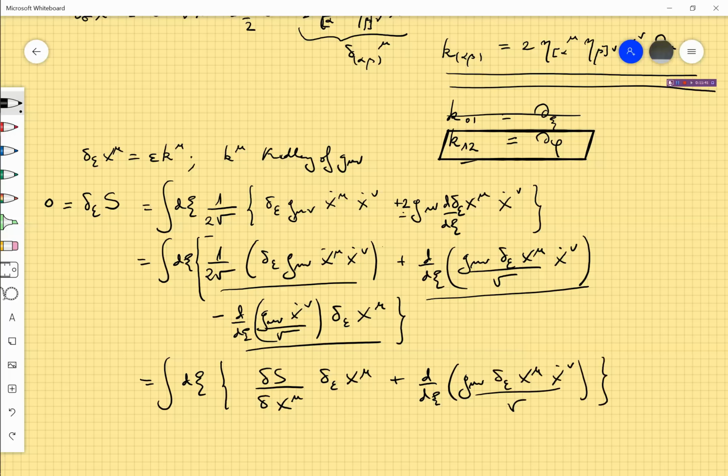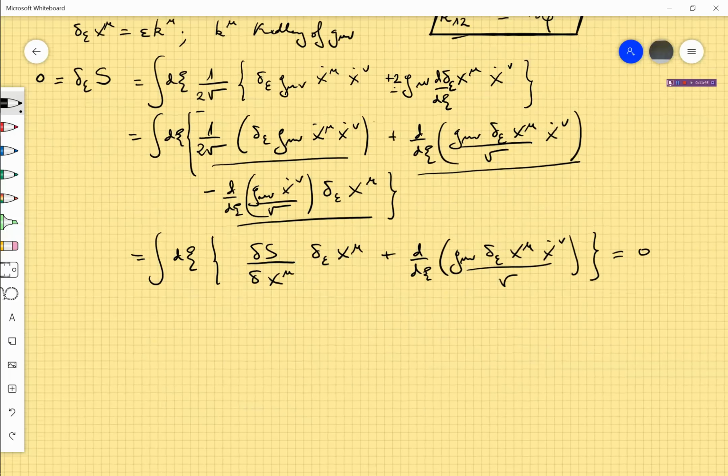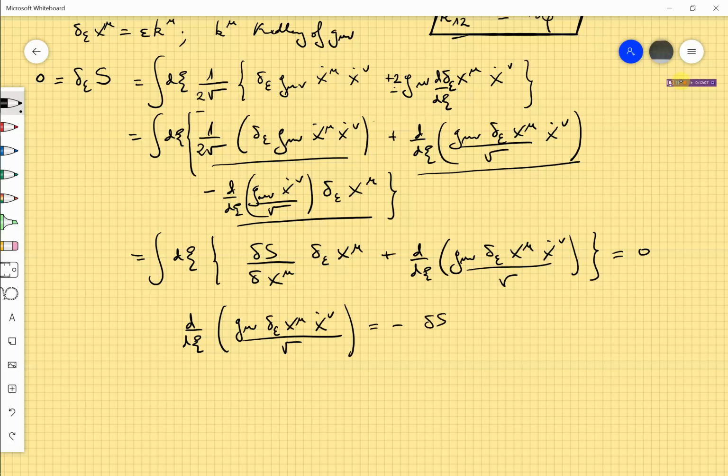And as we said, this is 0, which means, because this is 0 for all the values of epsilon and so on, that you get the following identity: the psi of d mu nu delta epsilon x mu x dot nu divided by this square root is equal to minus ds dx mu delta epsilon x mu.